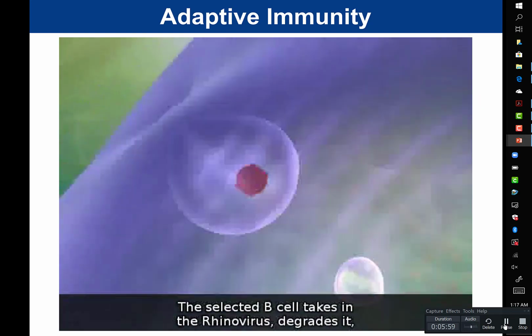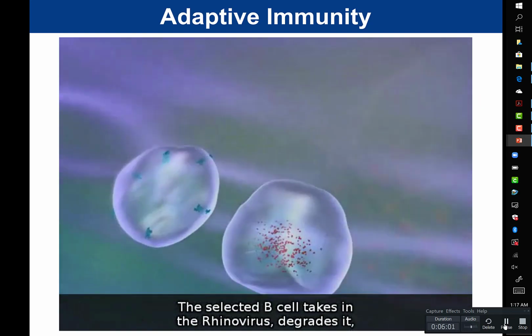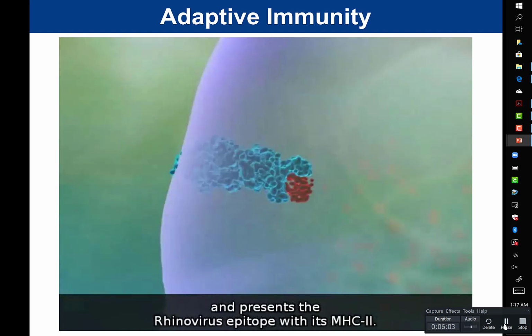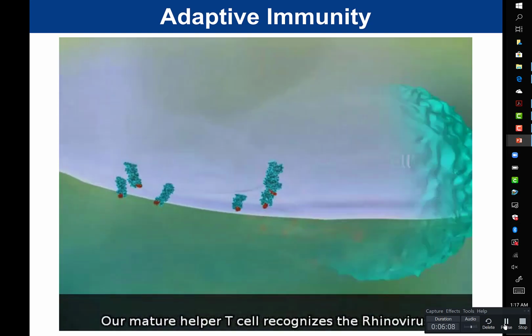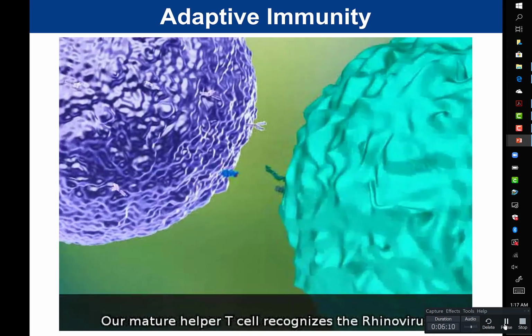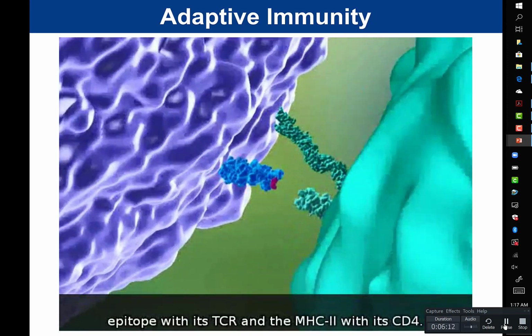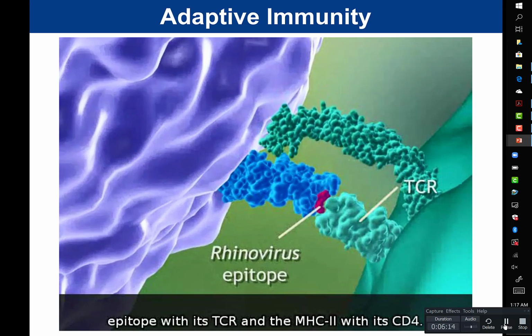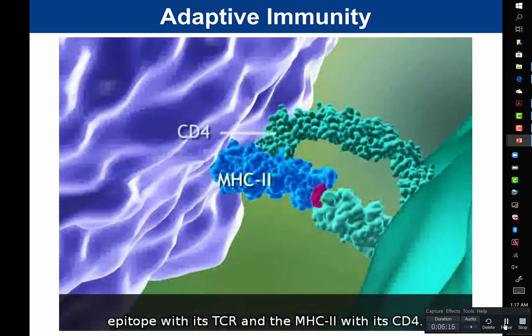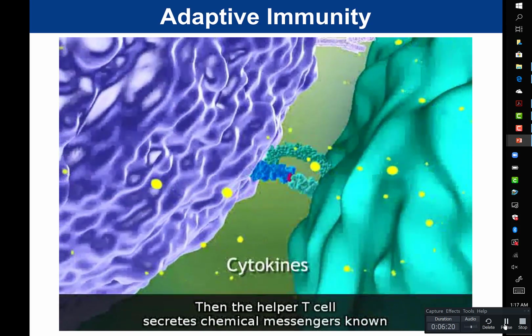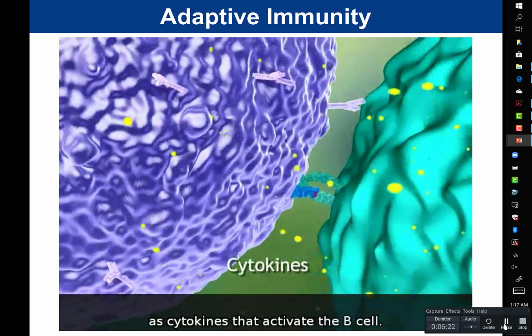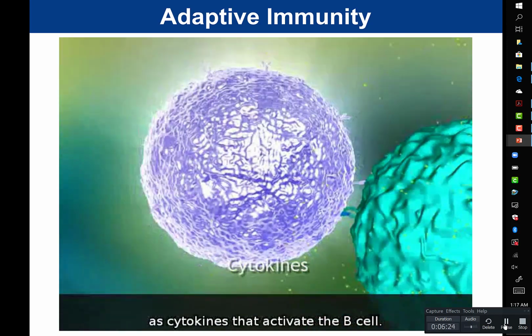The selected B cell takes in the rhinovirus, degrades it, and presents the rhinovirus epitope with its MHC2. Our mature helper T cell recognizes the rhinovirus epitope with its TCR and the MHC2 with its CD4. Then, the helper T cell secretes chemical messengers known as cytokines, that activate the B cell.